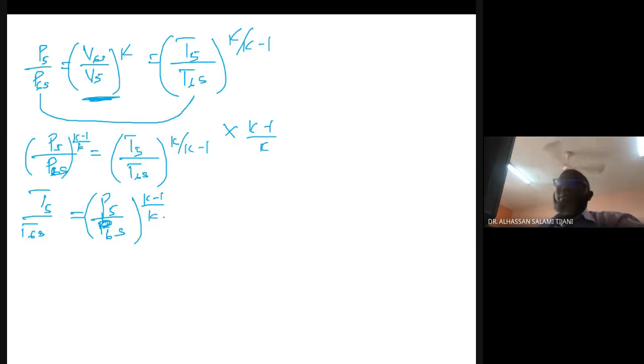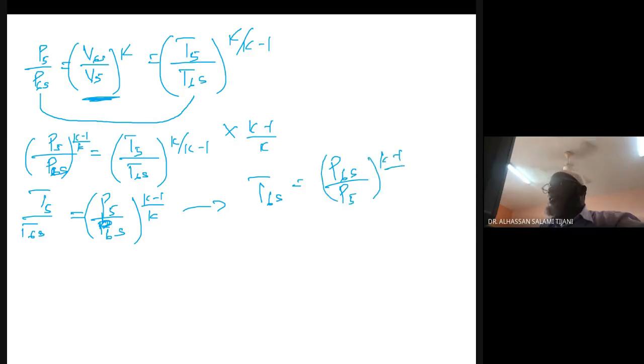We are interested in T6S, so here we can say T6S equals P6S divided by P5, all raised to the power K minus 1 divided by K, times T5. Now, we need to determine P6 over P5.